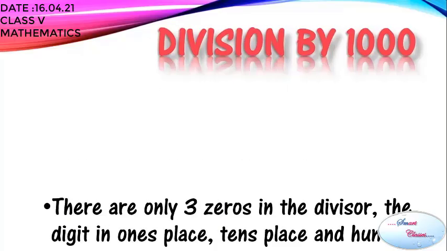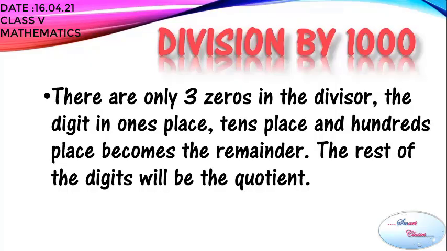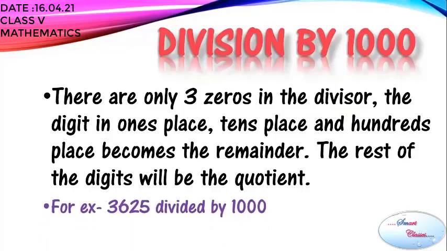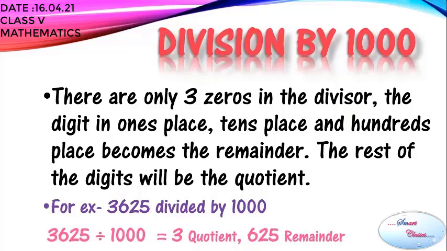Division by 1000. When there are only 3 zeros in the divisor, the digits in ones place, tens place and hundreds place become the remainder. The rest of the digits will be the quotient. For example, 3625 divided by 1000. Here, 5 is on the ones place, 2 is on the tens place and 6 is on the hundreds place.